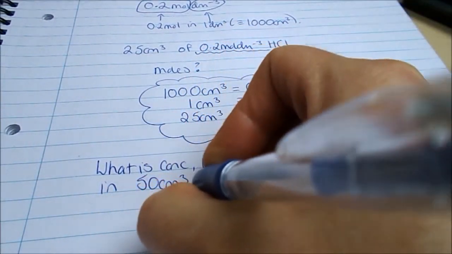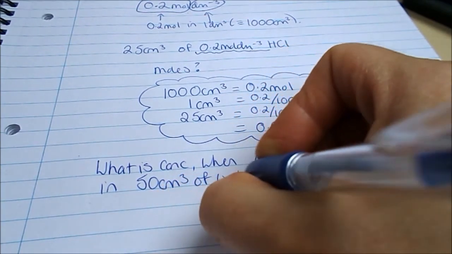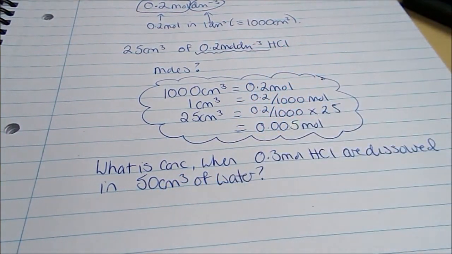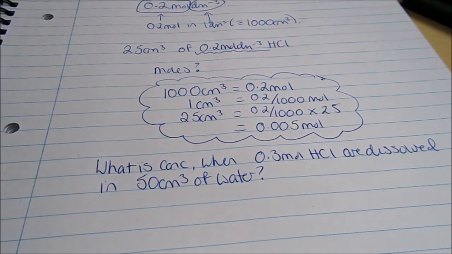Let's say 50 centimetres cubed of water. Now, we're asked to find the concentration, so what we need to do here is scale so that we can end up knowing how many moles we would have if we had 1,000 centimetres cubed. So we're starting from 0.3 and 50 centimetres cubed, so they are our key facts here, so this is where we need to start from.